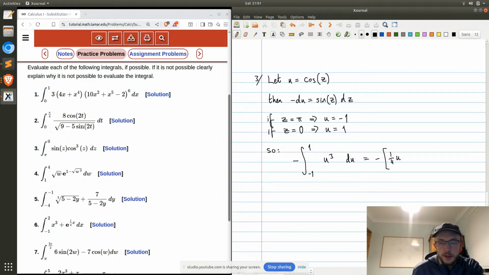So 1/4 of u to the 4, and go from -1 to 1. And what actually is that? So minus sign, open up some brackets, put in 1, so we'll get 1/4. Subtract, and I'll put in -1, we'll get 1/4 as well.